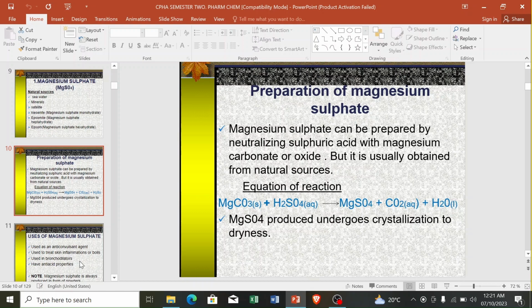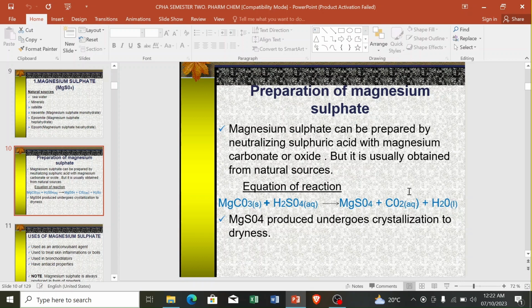You can either have magnesium carbonate or magnesium oxide reacting with sulfuric acid to give us magnesium sulfate, carbon dioxide gas, and water. The magnesium sulfate produced undergoes crystallization to dryness.